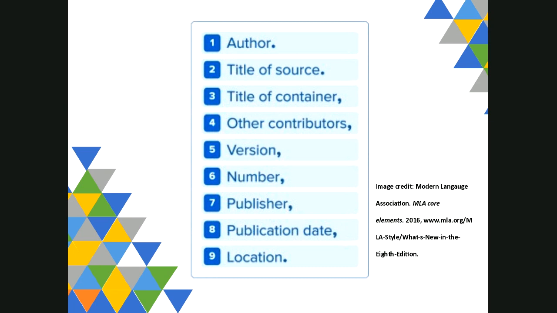So those are creator, a title of the place where the source was found or contained, noting any other relevant contributors other than the creator, the version, which is essentially the edition or a director's cut or something like that, the number, which is going to be volume and issue primarily, the publisher, the date it was created, and the location where it can be found online or within a book.